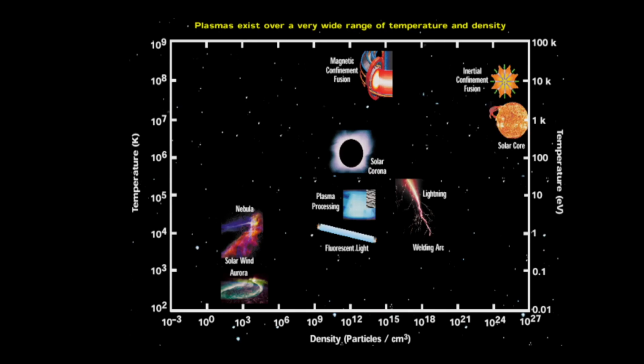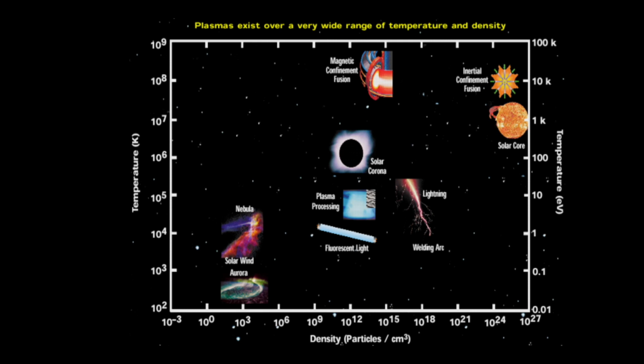This picture right here shows different plasma sources, listed by temperature and density and stuff like that. In the upper right-hand corner, you've got suns, fusion, and stuff like that. Those are where most of the plasma is. But on the Earth, you can see there's lightning kind of in the middle part. If you saw the eclipse in Oregon a few years ago, the corona was basically a plasma ejection.